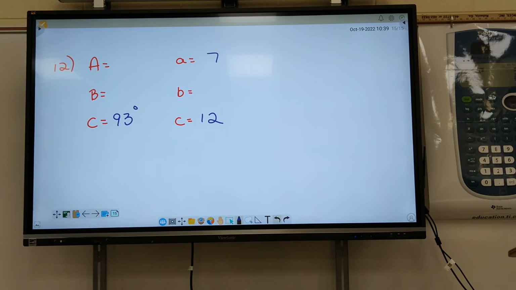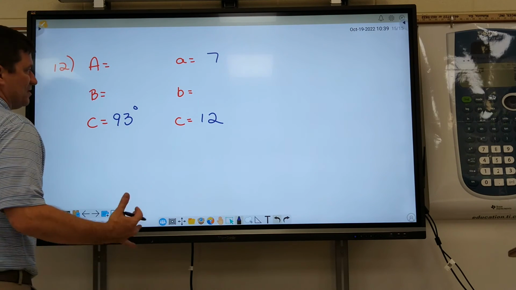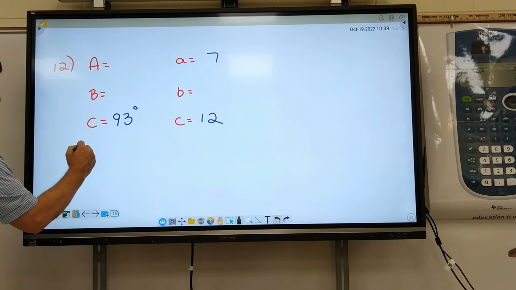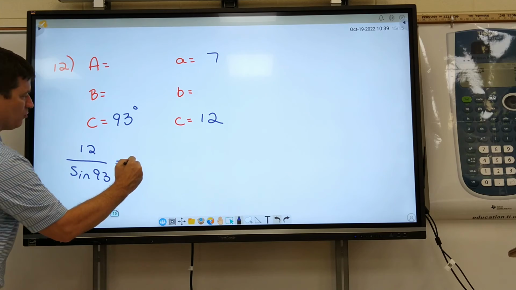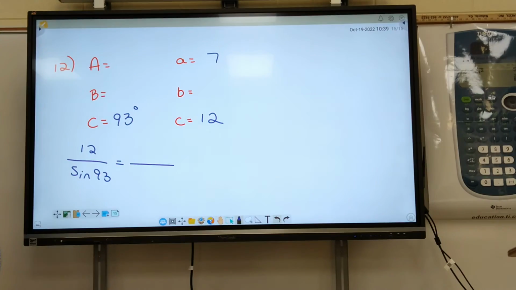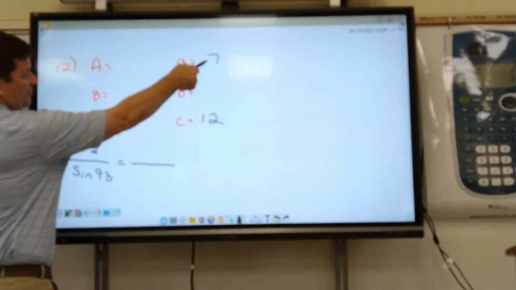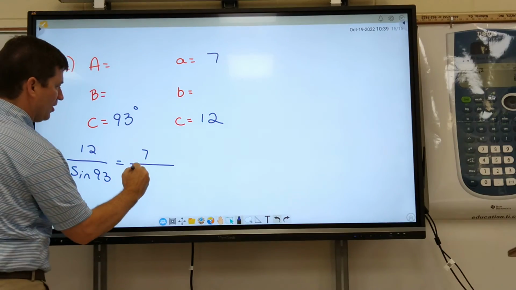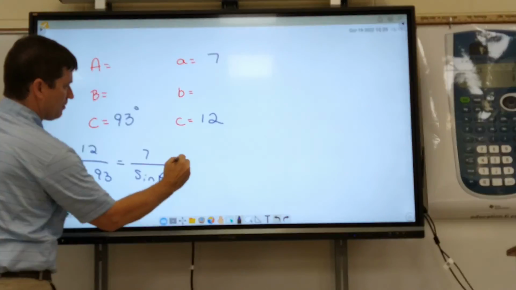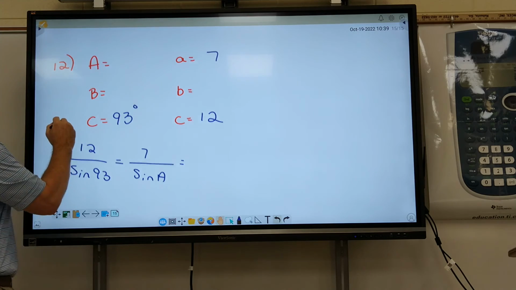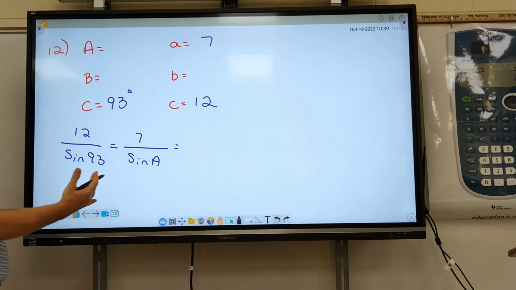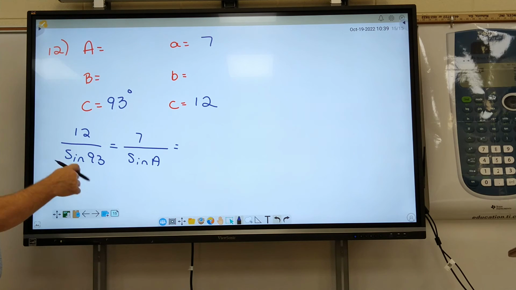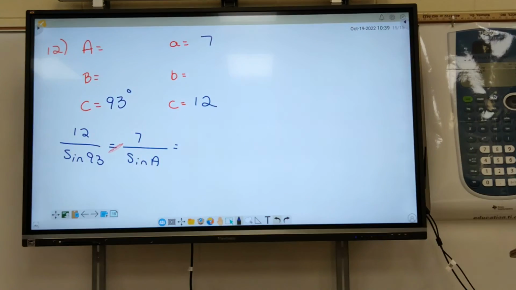Okay, so from here, the only place I can start is with C. I do 12 over sine of 93 equals little 7 on top over sine of angle A. This one is going to have an extra step because we're finding sine of angle A. You cross multiply the same way: multiply these two first and hit equals.